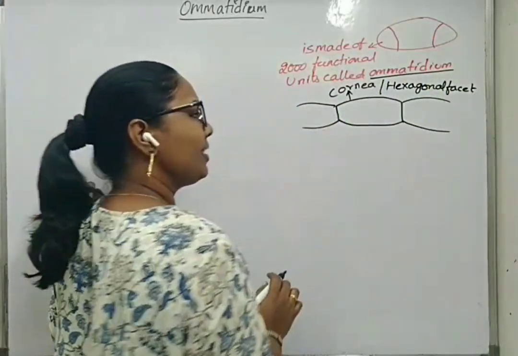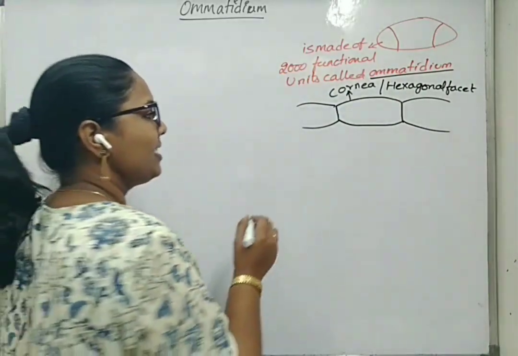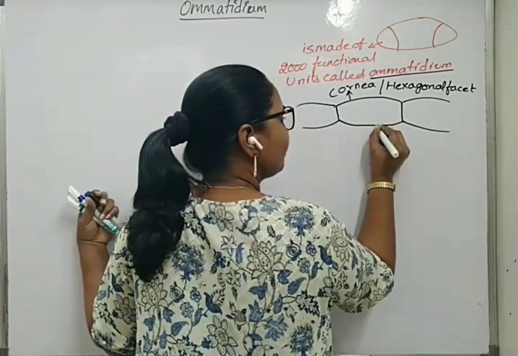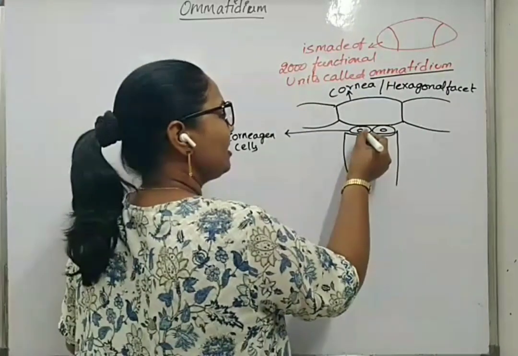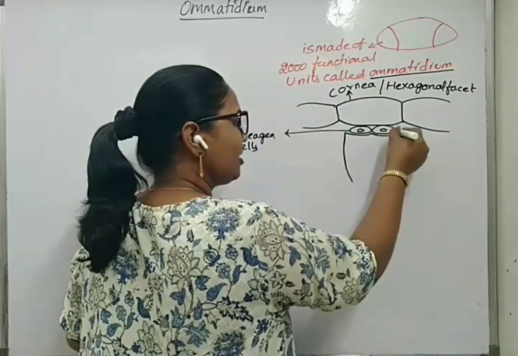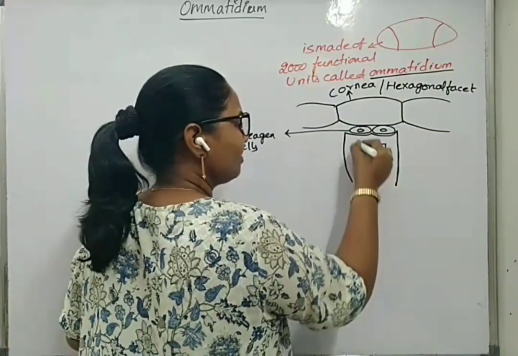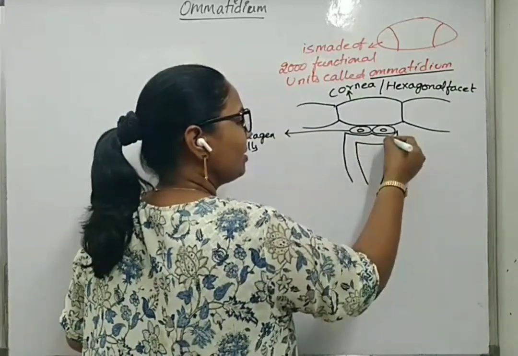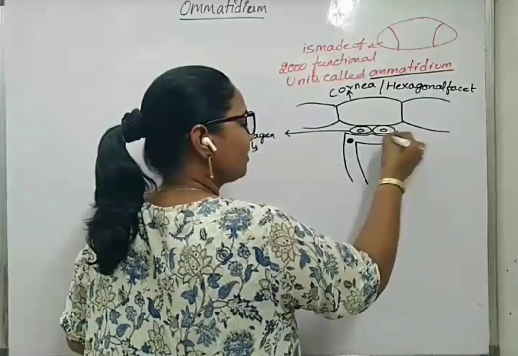This hexagonal facet or cornea is secreted by corneagen cells. Corneagen cells are surrounded by special structures called cone cells. So, these are cone cells.